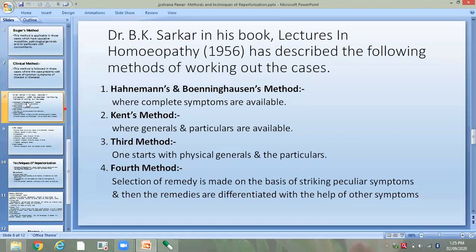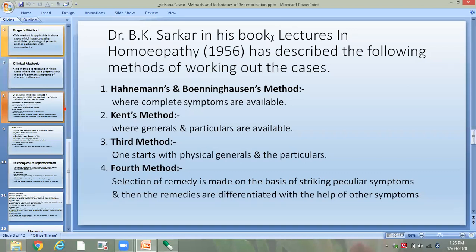Then the third method. When we use the third method, one starts with physical generals and particulars. If we take the case of the patient, and in that case we find only physical general symptoms and particular symptoms, we cannot find a complete symptom.